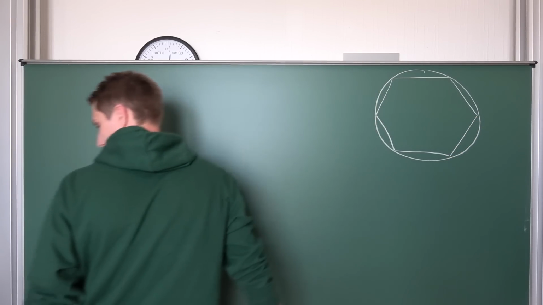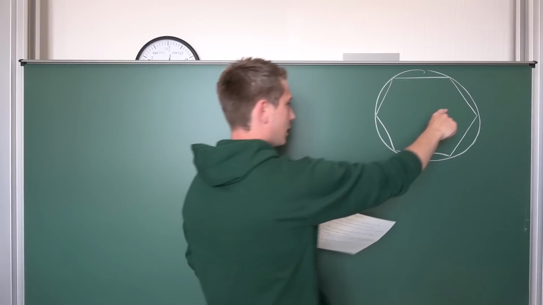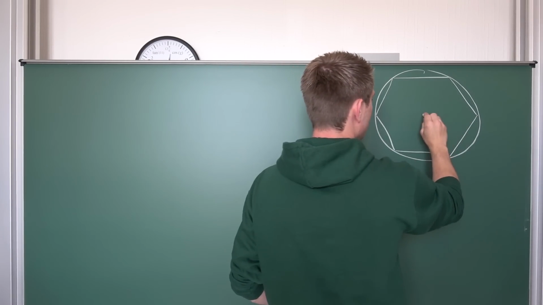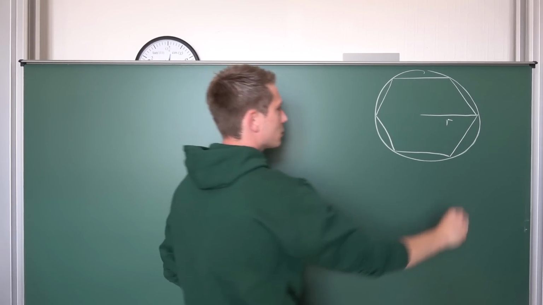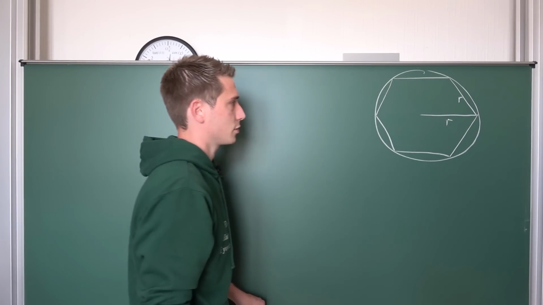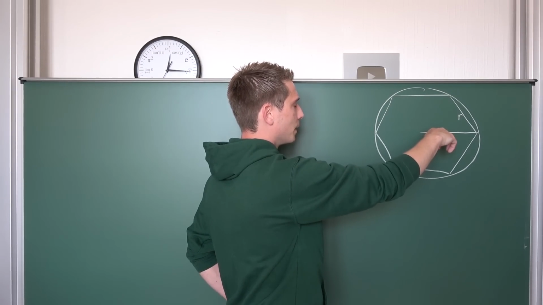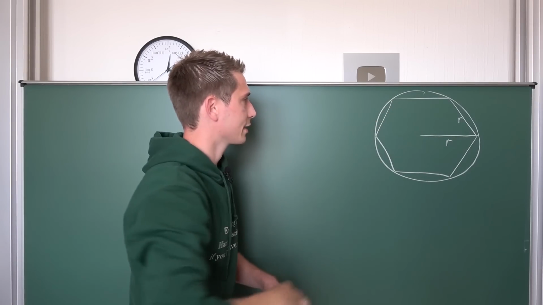Okay. And now what we have to do is prove that the side of a regular hexagon inscribed in a circle is equal to its radius. Meaning if this right here is the radius, then we need to show that those side lengths are also the radius. It's a regular one, meaning all the side lengths are equal.